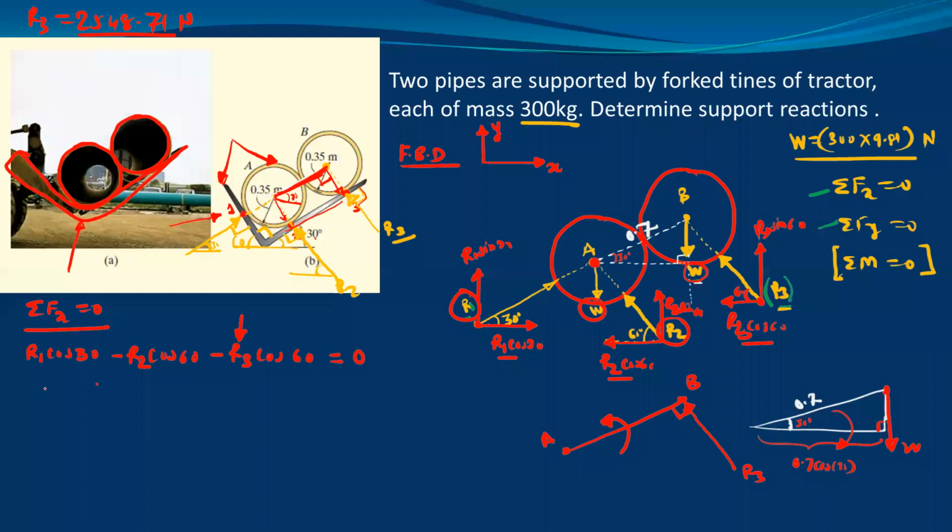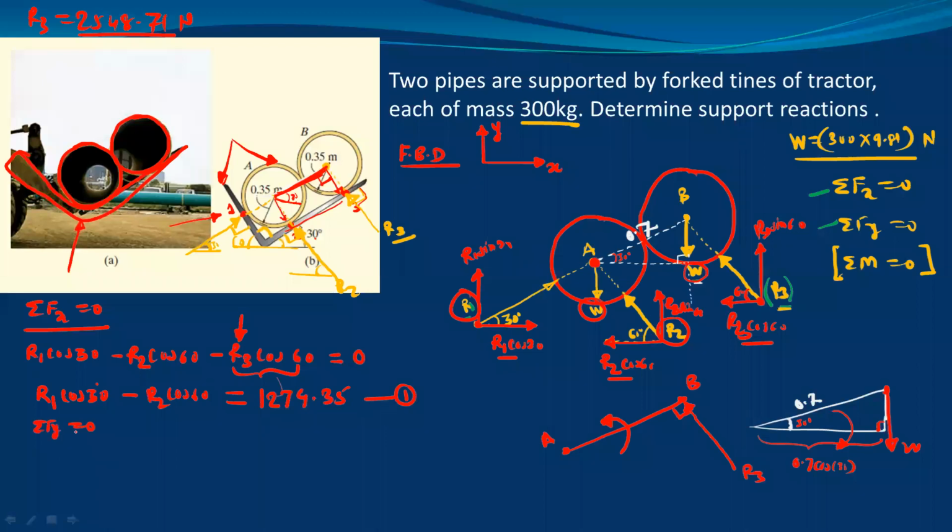You will have the equation like this: R1 cos 30 minus R2 cos 60 is equal to, just put the value of R3 and get this complete value. So this is your first equation: R1 cos 30 minus R2 cos 60 is equal to 1274.34.